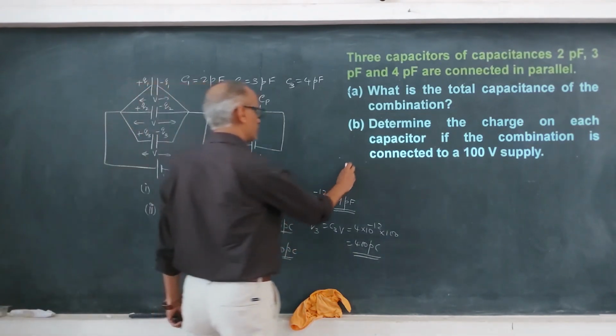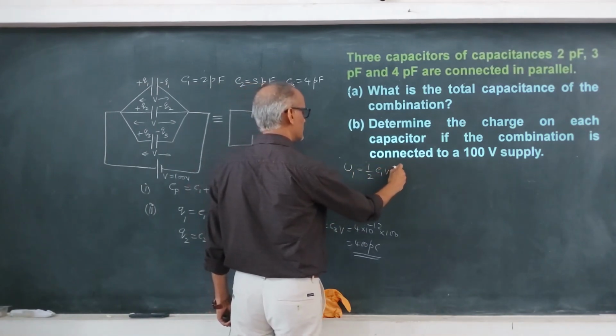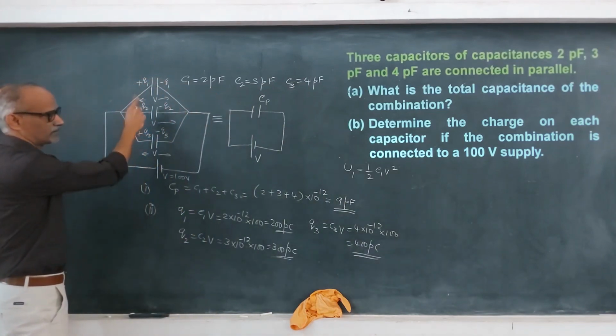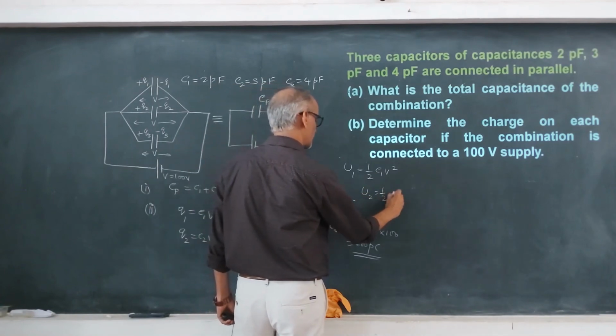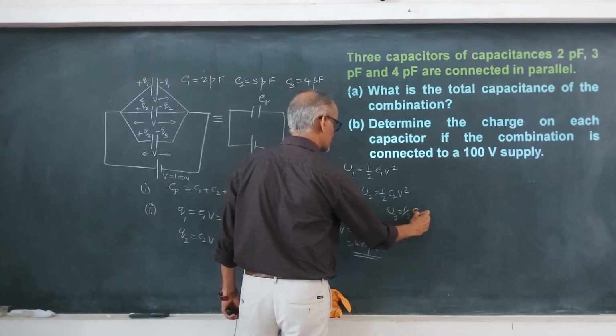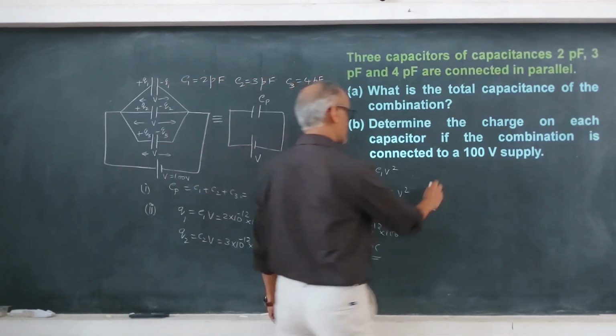If you want to find the energy in the first, U1 is equal to half C1 V square, because the V is the same across each capacitor. We don't write down V1, V2, V3. The energy stored in the second, U2, is equal to half C2 V square. Energy stored in the third, half C3 V square, and so on. How to find the energy stored in the system? Add them.